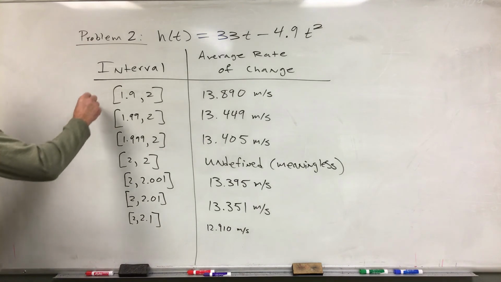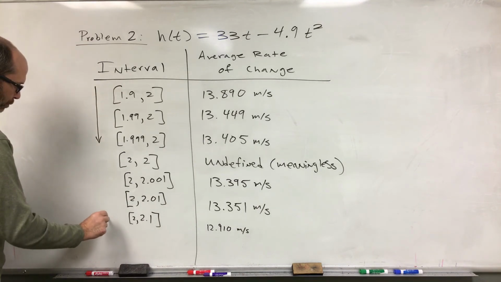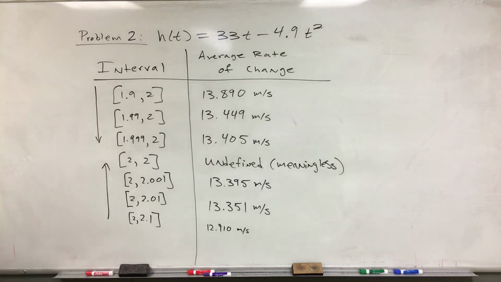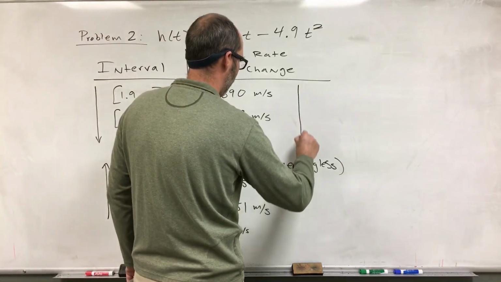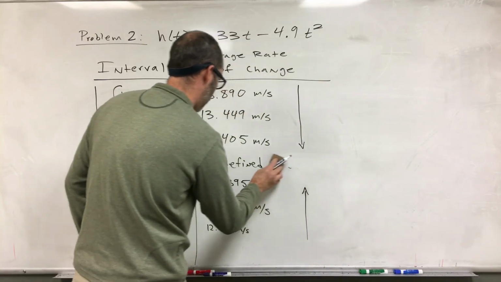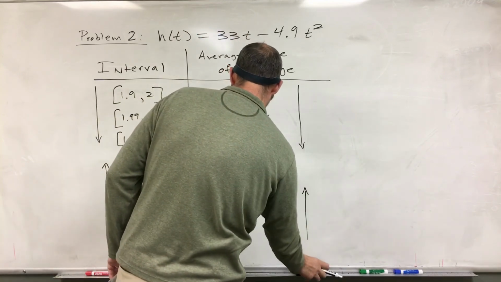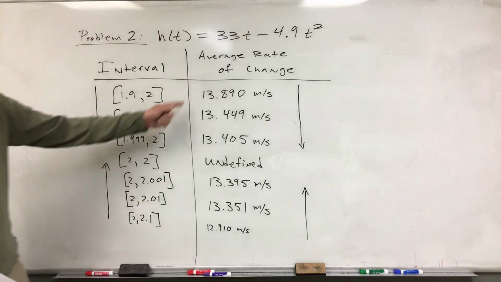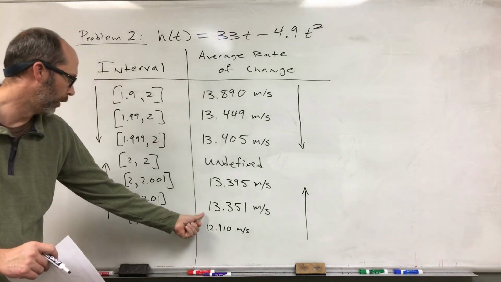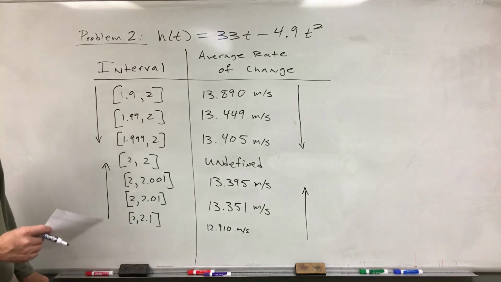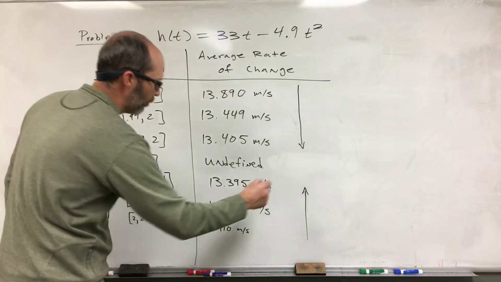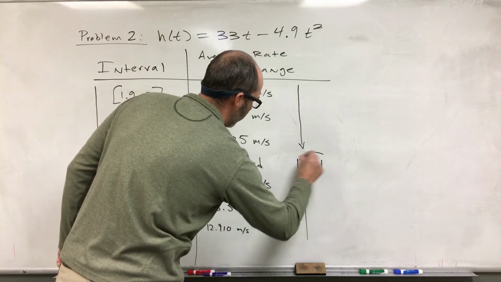As we approach 2, what number are we narrowing in on? You can see that we're getting closer to 13.4 this way, and here we're getting closer to 13.4 this way. So we're narrowing in on 13.4.